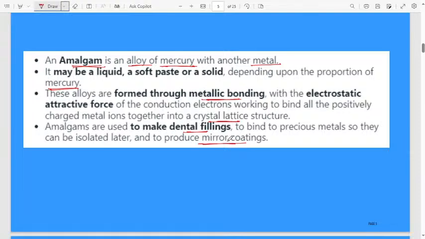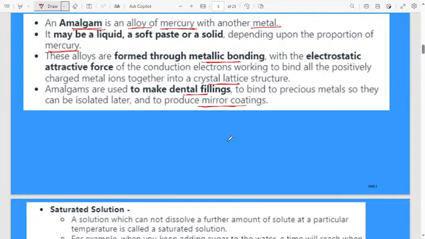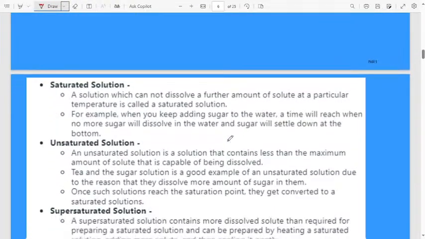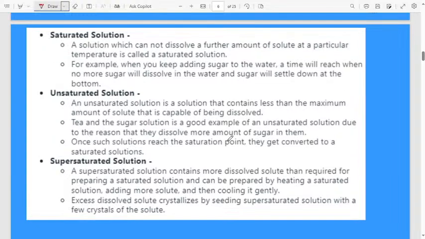Normally when teeth decay, to fill them they use the amalgam. To bind to precious metals so they can be isolated later and to produce mirror coating, that is the use of the amalgam. At least listen, I don't know which point they may ask the question, that's why everything is important. At least revise and go.